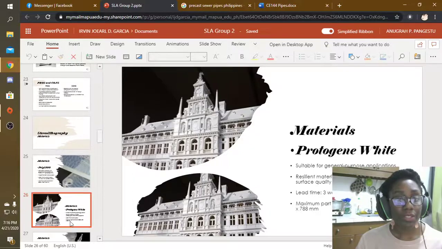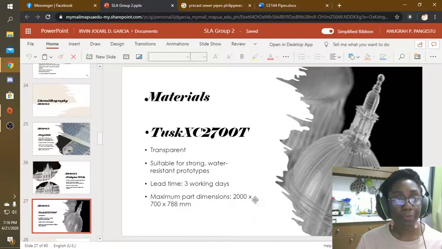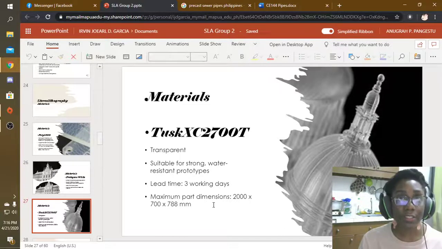So going to the next one, we have the next material. We have the TOC XC2700T. Now this material is very transparent, which is good for architectural students if they want to make a small model of their work and at the same time show the inside design of their work.